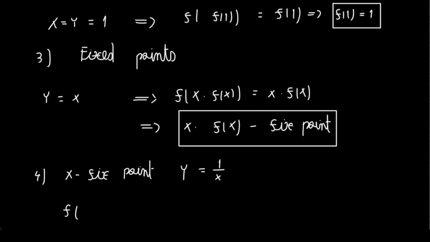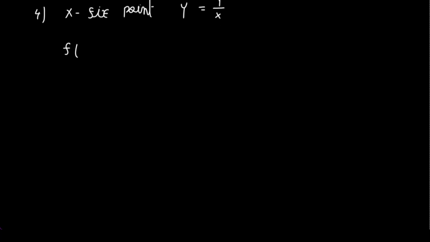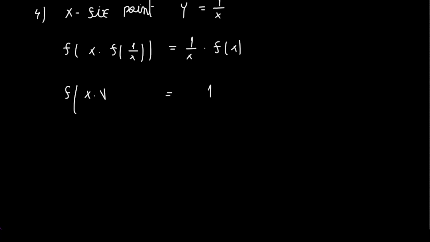So if we look at the general form, I will have f(x) times f(1 over x)... f of x times f of 1 over x is going to be equal with 1 over x times f of x. This one is going to be 1, and this one is going to be x times f(1 over x). And from this, f(1 over x) is 1 over x.